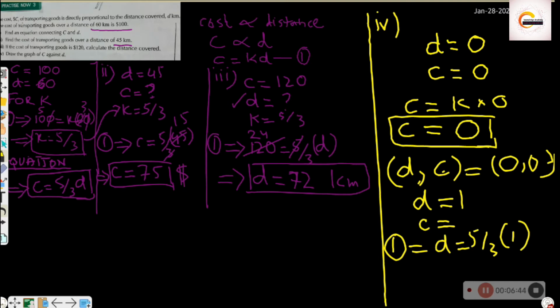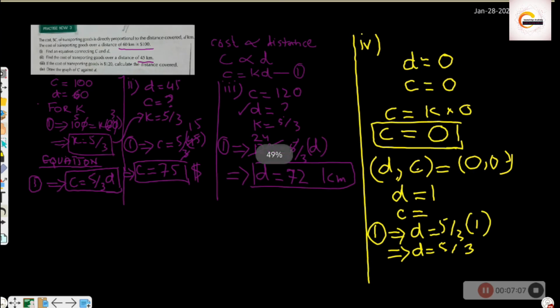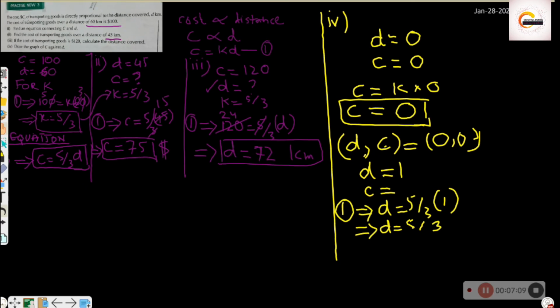Now we have supposed a very easy value so that multiplication would be easier, and we have already derived the rate earlier, that is 5 upon 3. So C is equal to 5 upon 3, that is 1.6.